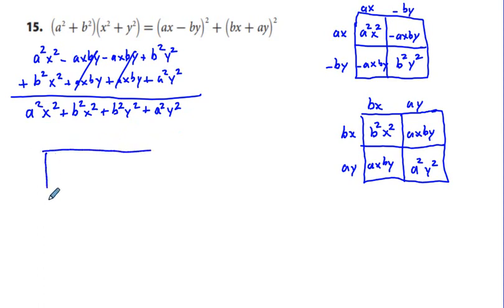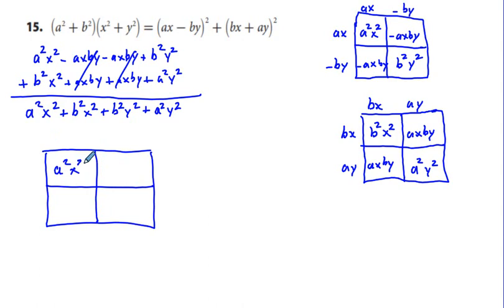Now I'm going to use the 2x2 box for the purposes of factoring. So I'm going to put this a squared x squared on the upper left. Over here on the upper right, I'm going to put, let's see, where do I want to do that?